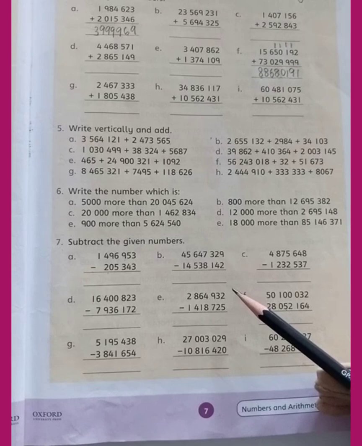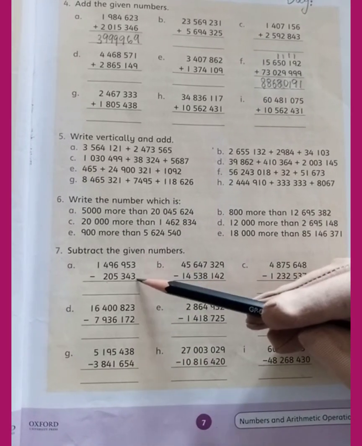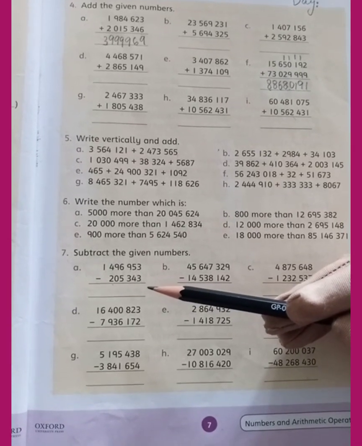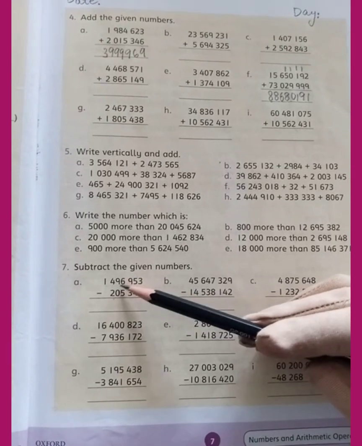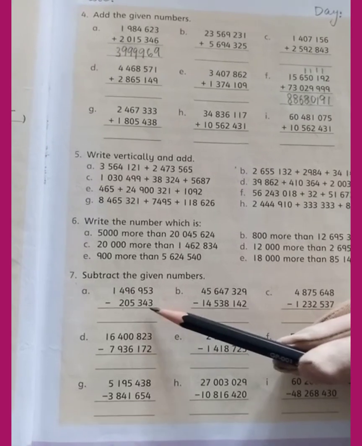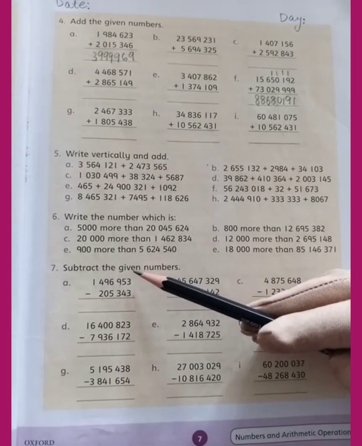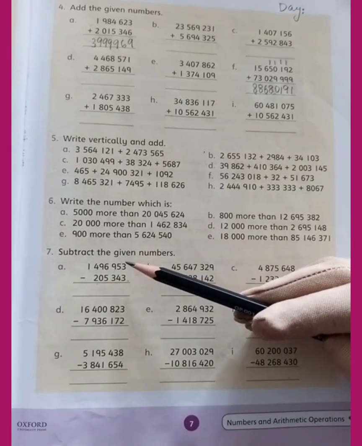So here the number from which another number is subtracted is called the minuend. In this example, 1,496,953 is the minuend, and 205,343 is the subtrahend, the number which is being subtracted.